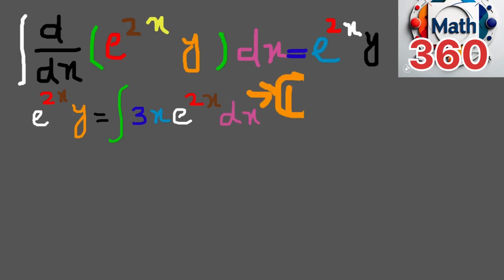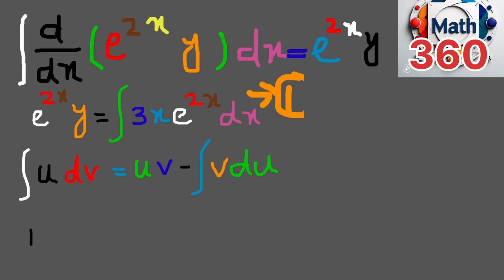To evaluate the integral, we use the method of integration by parts: integral u dv equals u times v minus integral v du, where u and dv are chosen parts of the integrand.